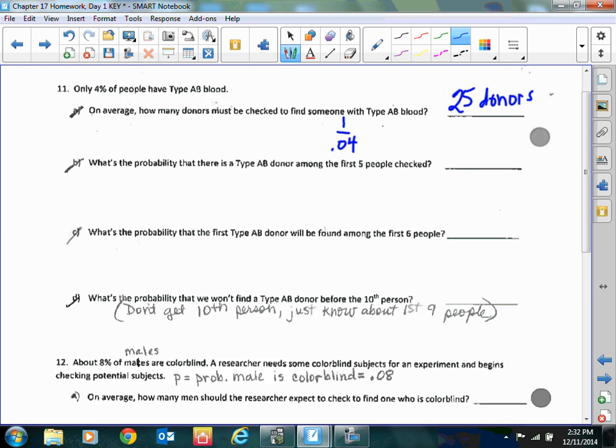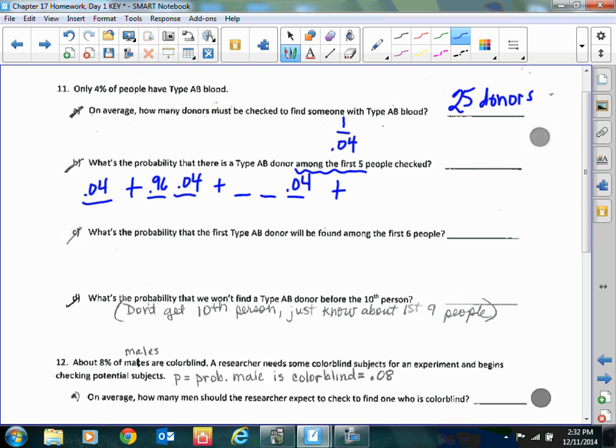All right, what's the probability that there is a type AB donor among the first 5? That means it could be anywhere placed in the first 5. The AB donor could be first, or the AB donor could be second, or, and so on, the AB donor could be third. This is cumulating all of these possibilities.